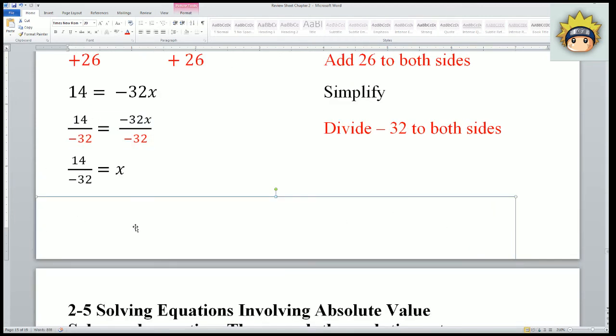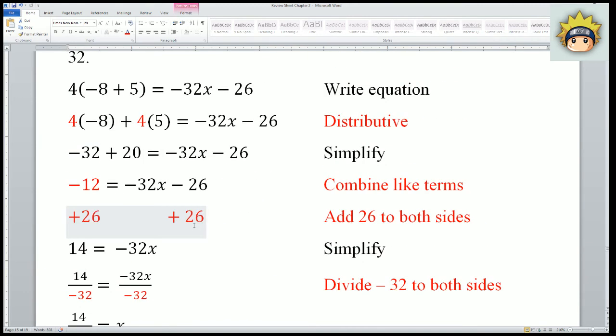And x should be equal to negative 14 over 32. This can be reduced, I think, into 7 over 16, or 7 over negative 16 would be a more complete answer, okay? These are your solutions for 2-4 solving equations with the variable on each side.